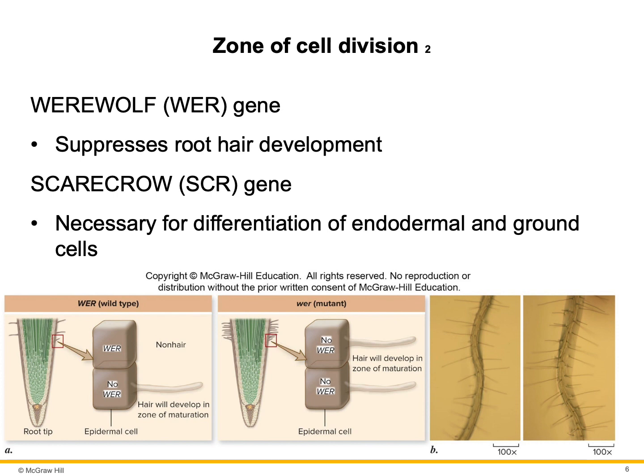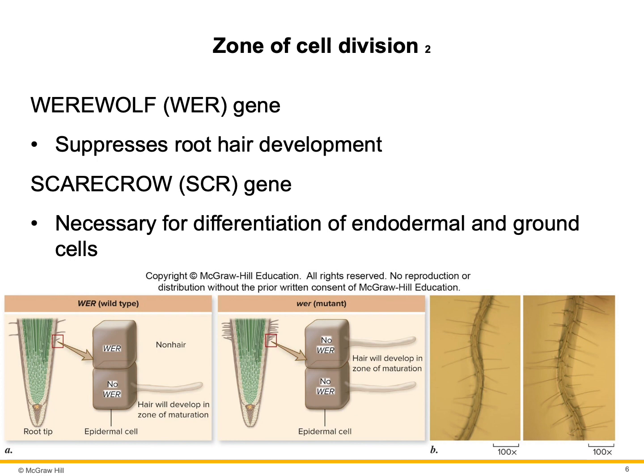We have another gene called SCR, or scarecrow, which is necessary for ground cell differentiation. Ground meristem cells undergo an asymmetrical cell division that gives rise to two cylindrical cells.